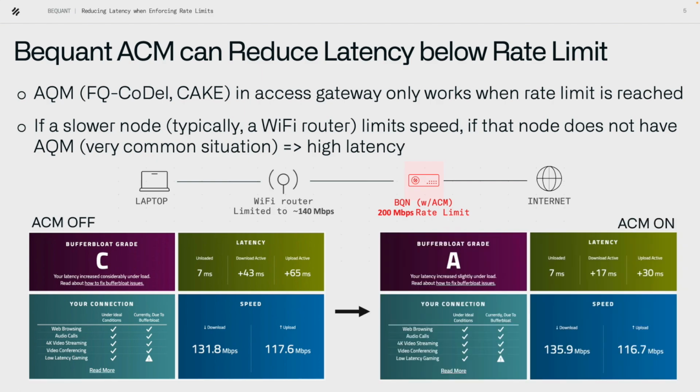And compared with ACM being active, in which case for instance the latency at top speed in downlink has gone down from 43 to 17 milliseconds, and when the top speed was in the uplink direction, it went down from 65 to 30 milliseconds, less than half. Enough to go from a C grade network to an A grade network.